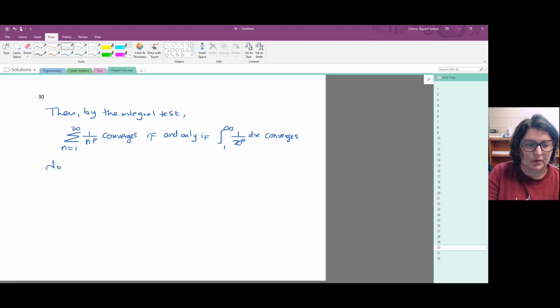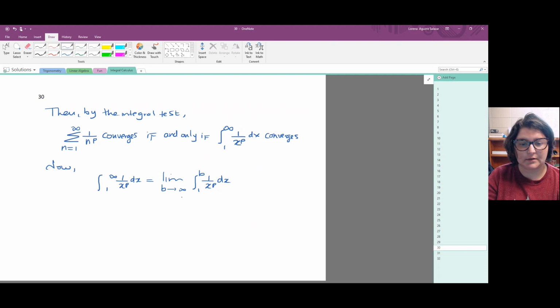Now, the integral from 1 to infinity of 1 over x to the p is the same as the limit as b goes to infinity of the integral from 1 to b of 1 over x to the p by definition. We define improper integrals like the one we have by using limits. We have the limit as b goes to infinity of, then we can rewrite 1 over x to the p as x to the negative p.